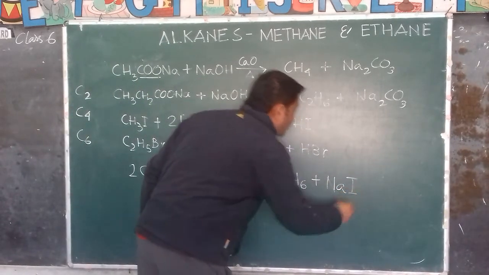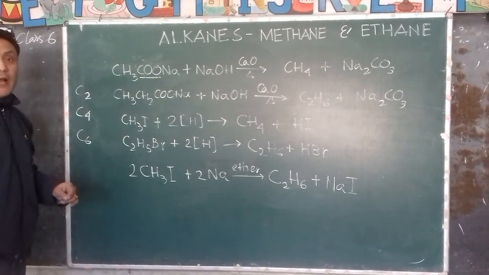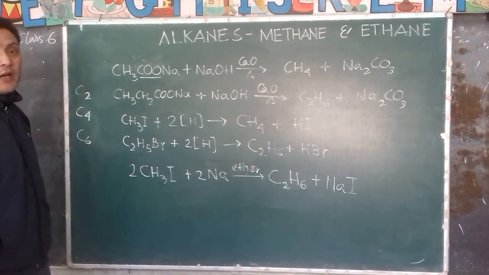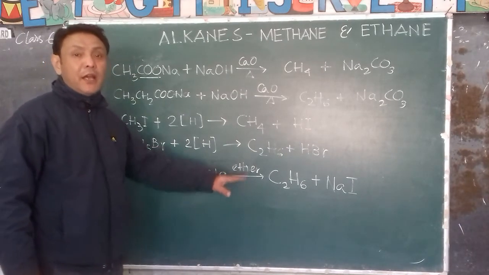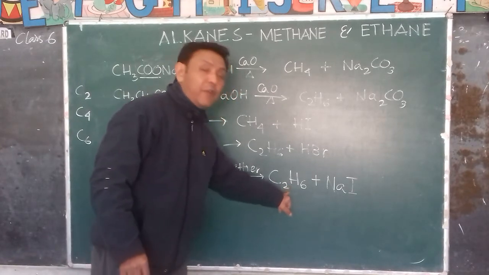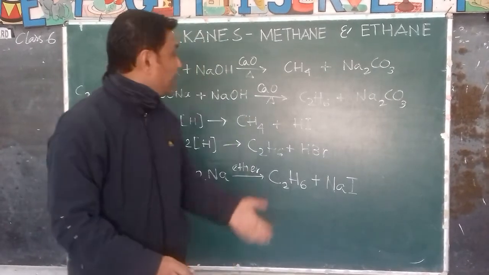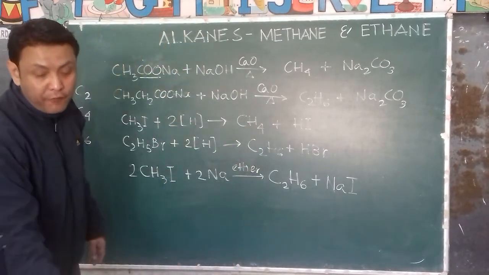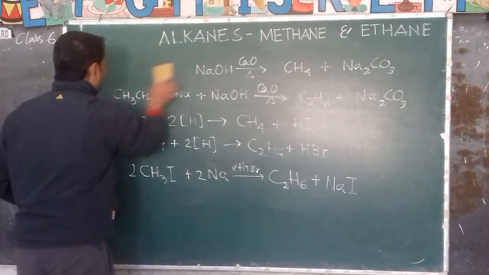So this is called the Wurtz reaction, which is not possible for those hydrocarbons with an odd number of carbons. It is used only in the preparation of those hydrocarbons having an even number of carbons in them. So these are the equations for the preparation of methane and ethane in the laboratory.